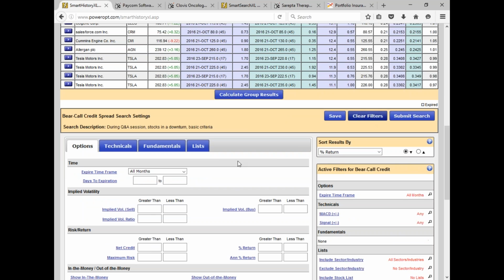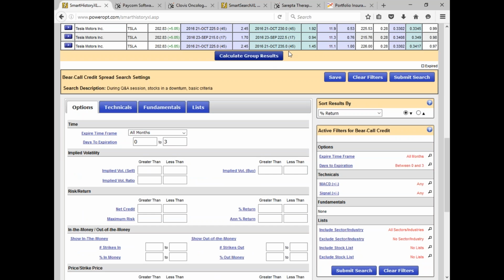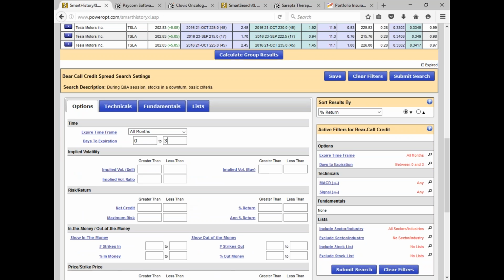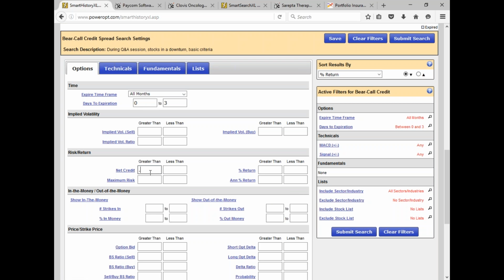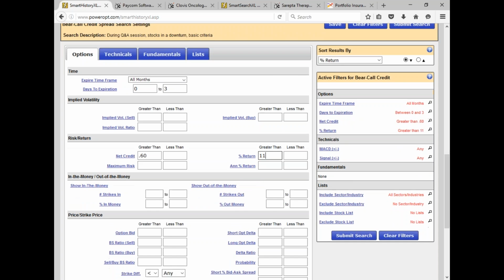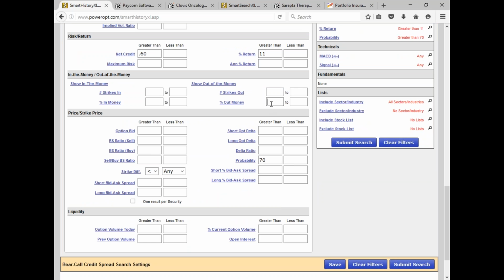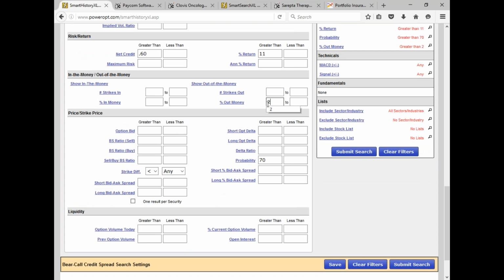I'm going to clear the filters, Sam. We're going to look 0 to 3 days out, so this would have been on Wednesday. I'm going to look for today, Friday, as of Wednesday. Net credit of 60, return is irrelevant but we'll put in at least 11, and a probability of greater than 70, and at least 2% out of the money or more. Let's just see if we find anything.